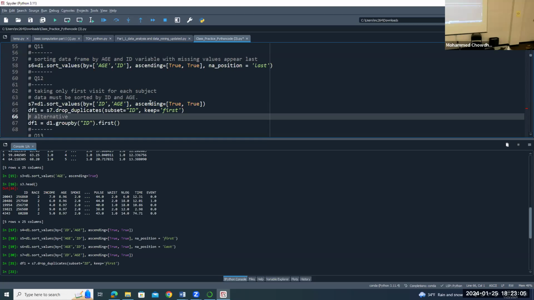And then you can also do the last visit. Suppose we follow 2,000 people for 10 years; at the last visit, the 10th visit, we compare between these two. How do their histograms look? First visit histogram of the cholesterol, 10th visit histogram of the cholesterol.